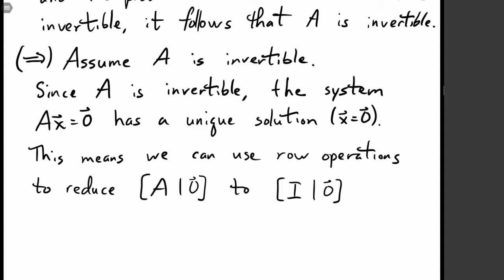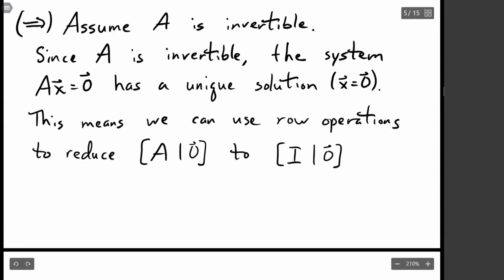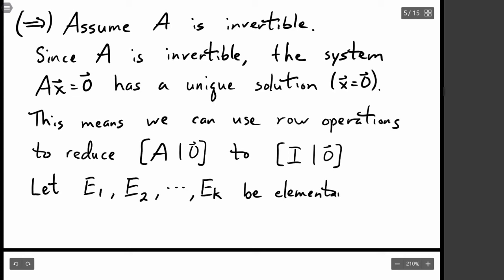But we're doing row operations, right? So what we're going to do is let E1, E2, ..., EK be elementary matrices representing these row operations.